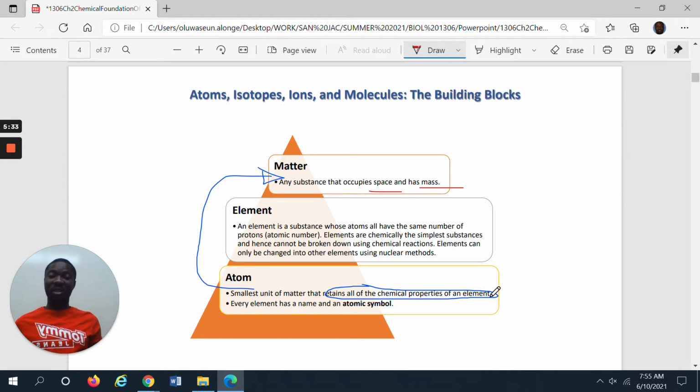The same way, a cell is the smallest functional unit of a living thing. But for it to be considered a cell, it must have all the characteristics of living things. So as a cell is to a living thing, that's the same way an atom is to matter. Atom is the smallest unit of matter, but it must contain all the chemical properties of an element.